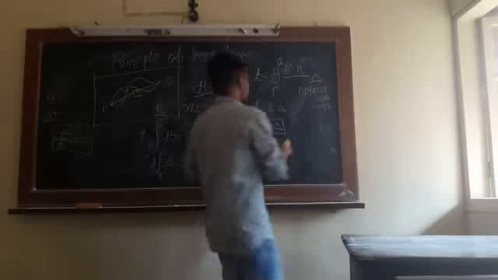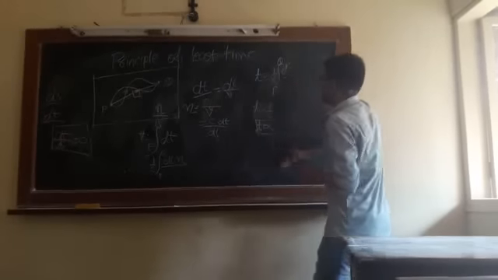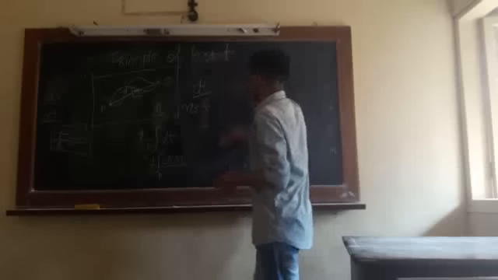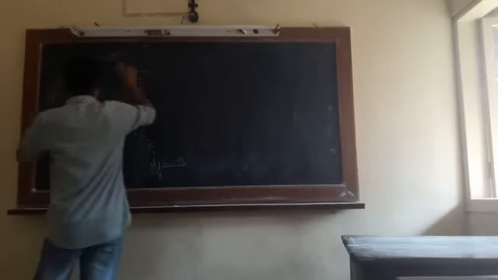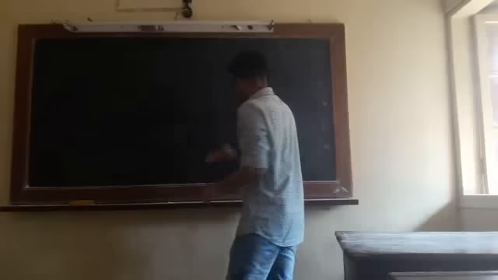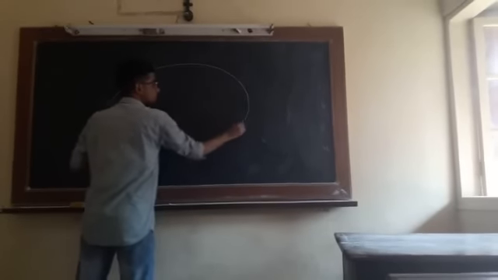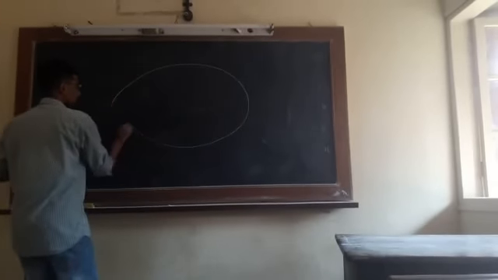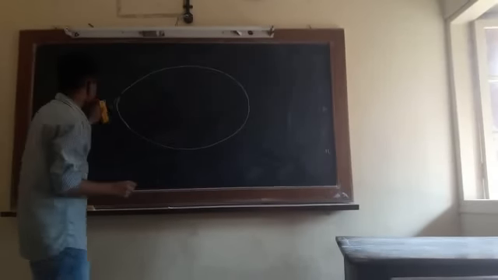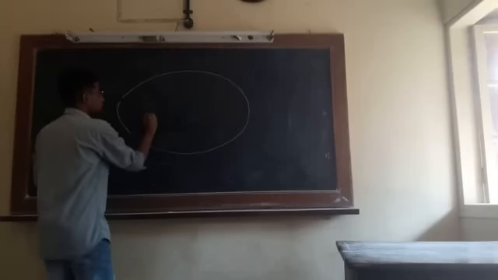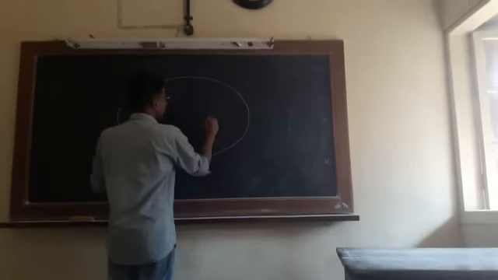Now we will see another case. The first case is for the elliptical reflector and the other is the spherical reflector. So let's check it out. I will draw an elliptical reflector. Here are its two focal points F1 and F2.